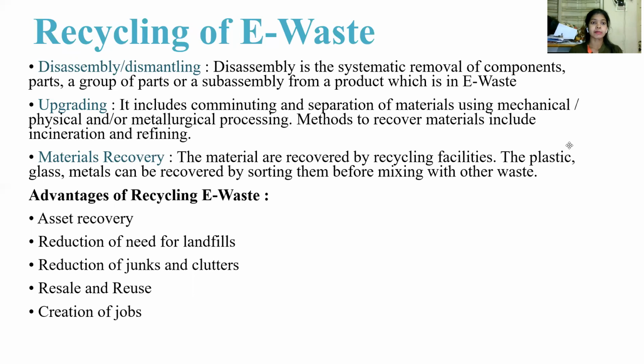The second one is upgrading, which includes the comminution and separation of the materials using mechanical, physical, or metallurgical processing. Methods to recover materials include incineration and refining. And the third one is materials recovery. The materials like plastic, glass, and metals are recovered by recycling facilities, and can be recovered by sorting them before mixing with the other waste.